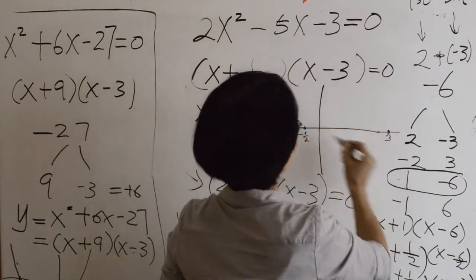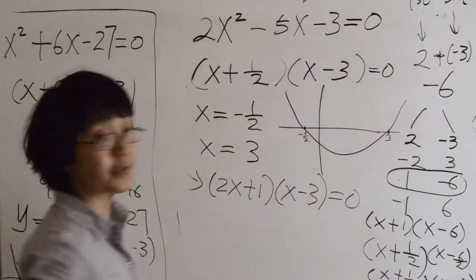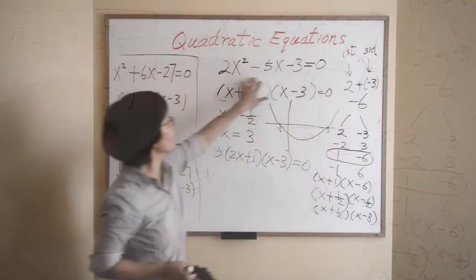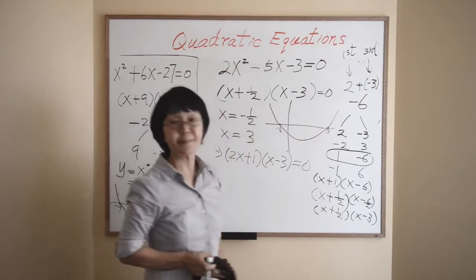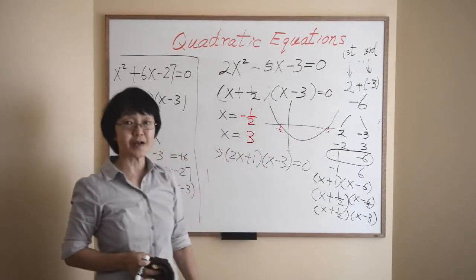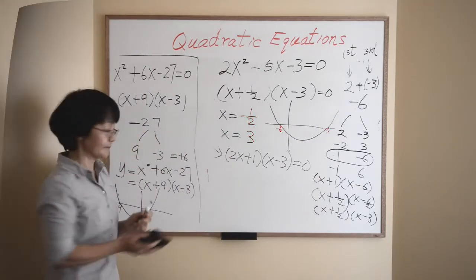So the graph will look like this. So what you learn is when they say solutions of equations, this solution means the x-intercept. Another term they can call it is the root of the quadratic equation. Okay, good. Let's move on to something else.